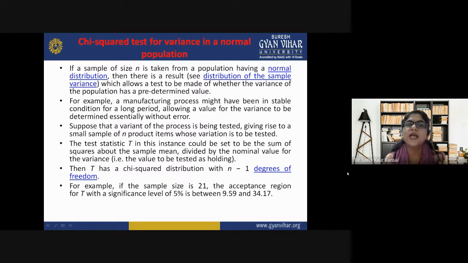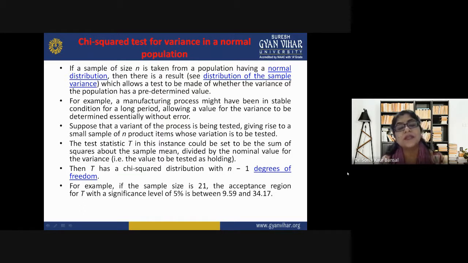Now students, have a look at the chi-square test for variance in a normal population, how it is done. If a sample of size n is taken from a population having a normal distribution, then there is a result for the distribution of sample variance, which allows a test to be made of whether the variance of the population has a predetermined value. For example, a manufacturing process might have been in stable condition for a long period, allowing a value for the variance to be determined essentially without error.